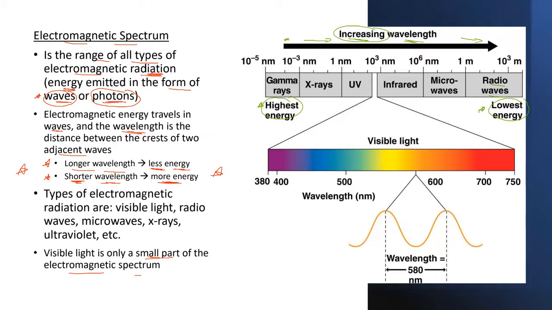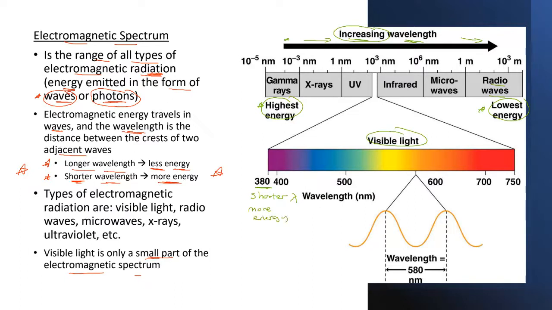Now if we overlap this knowledge with visible light, which is the important one, let's see what it means. It means that the shorter the wavelength, and by the way, wavelength is usually abbreviated with a little sign like this, the more energy.